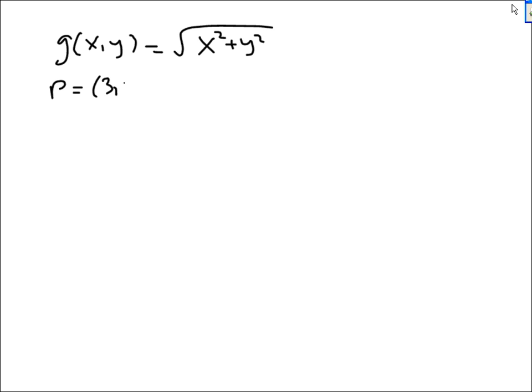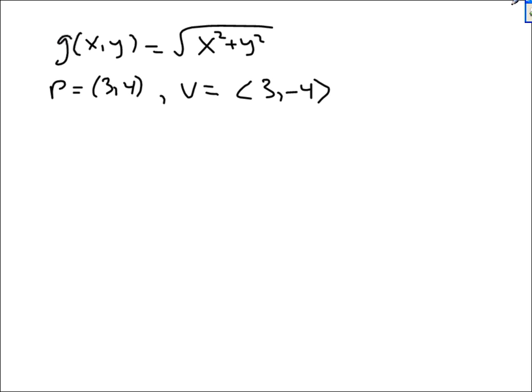For example, if they tell you that g of x, y is the square root of x squared plus y squared, and they give you the point being, say, 3, 4, and they give you the vector v is 3i minus 4j.